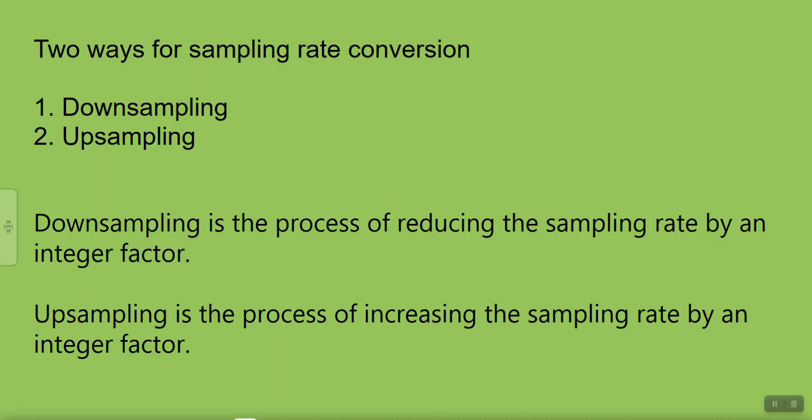Mainly, the sampling rate conversion operation can be classified into downsampling and upsampling. Downsampling is the process of reducing the sampling rate by an integer factor, whereas upsampling is the process of increasing the sampling rate by an integer factor.